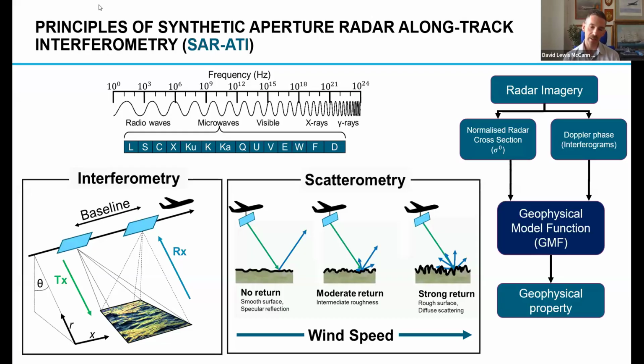So for the first half of the talk, I'm going to concentrate on along-track interferometric synthetic aperture radar. This is a microwave radar technology that uses two core processes of measurement. One is interferometry and the other is scatterometry. Interferometry is the process of measuring the phase shift between two signals, transmitted and received signal, between two antennas that are separated by a physical baseline.